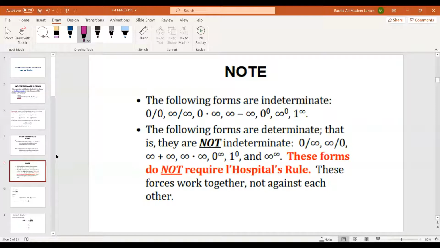These forms do not require L'Hopital rule. These forces kind of work against each other, as you see here, but here infinity add infinity, you just keep going to infinity, becoming larger. So that's not an indeterminate form. And this is kind of a summary to note.